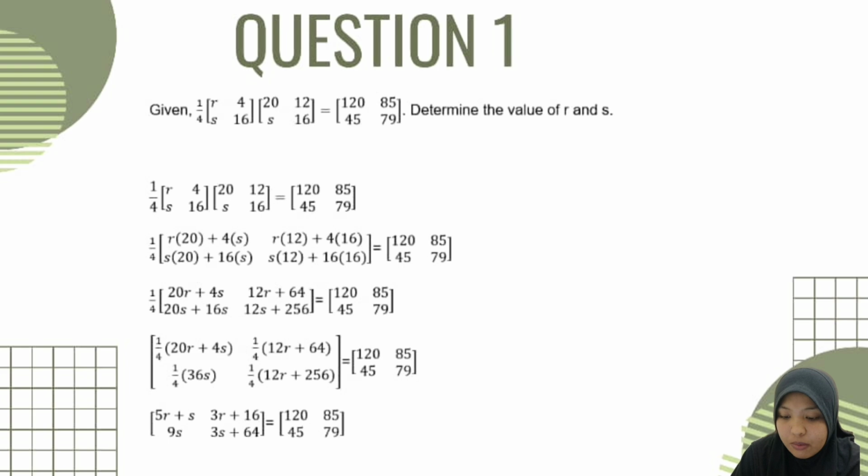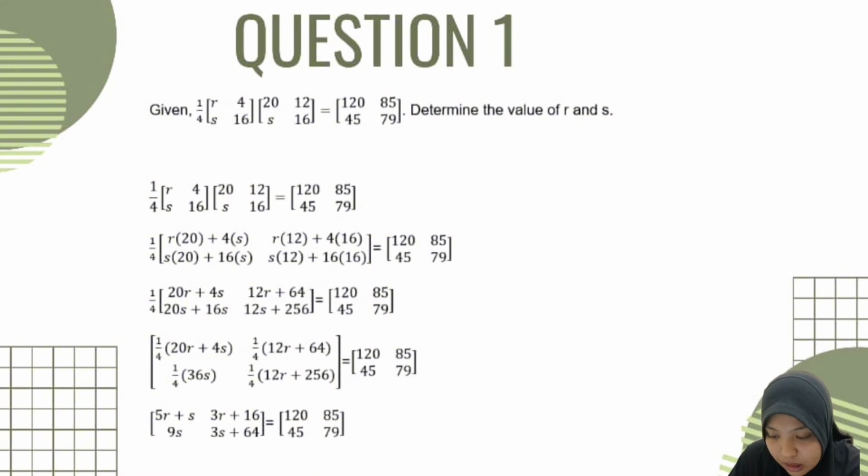To solve, we start from matrix 1. In the first row, we need to multiply it by matrix 2.